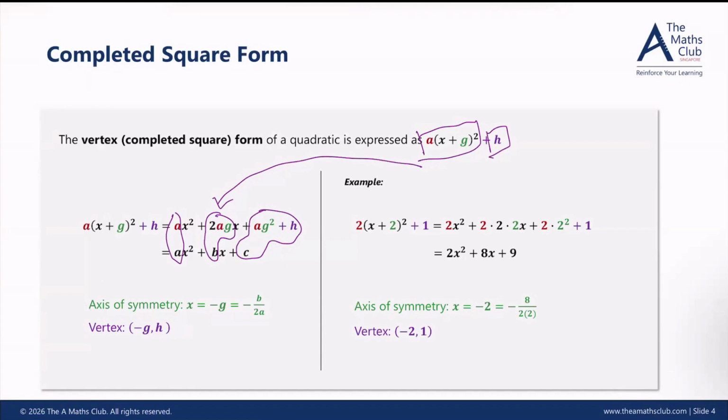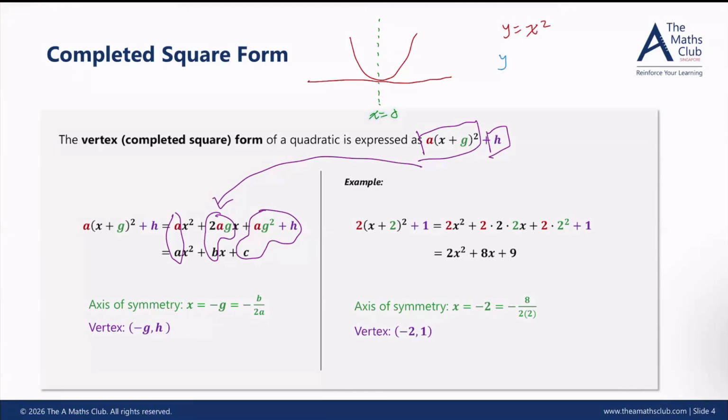Next, we shall talk about the axis of symmetry. An axis of symmetry is a line that splits a parabola to form mirror images. Let's take a look at the simplest example, y equals x squared. So the axis of symmetry will occur at x equals 0.